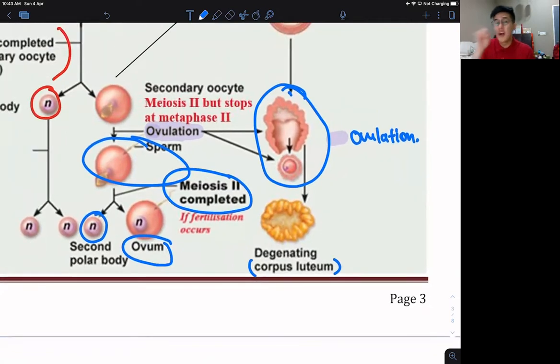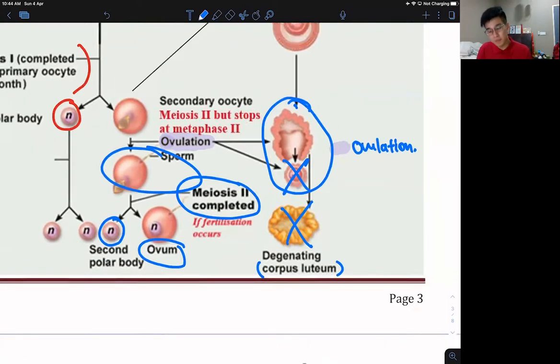So if fertilization does not occur, the secondary oocyte along with this corpus luteum will degenerate. Because as I said, the corpus luteum is needed for pregnancy. If pregnancy doesn't occur, the corpus luteum has no function, so it will just break down.